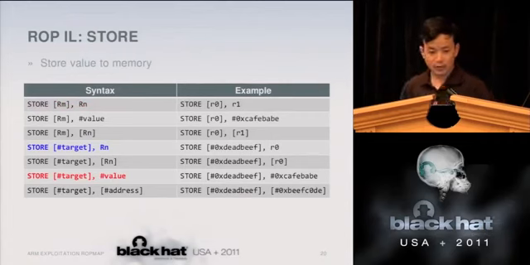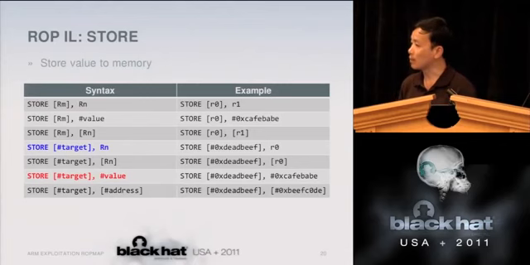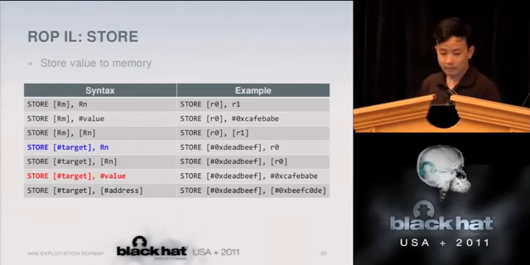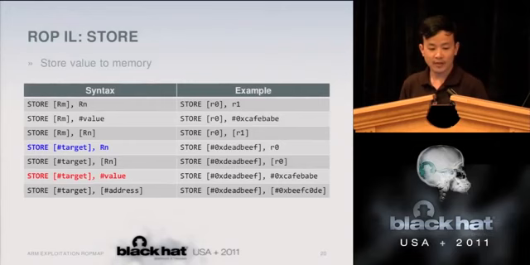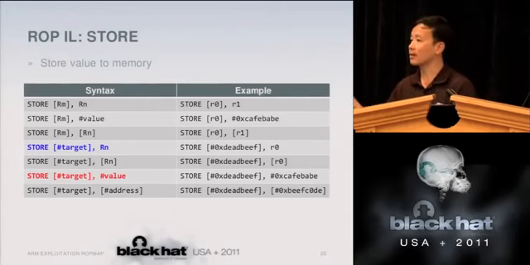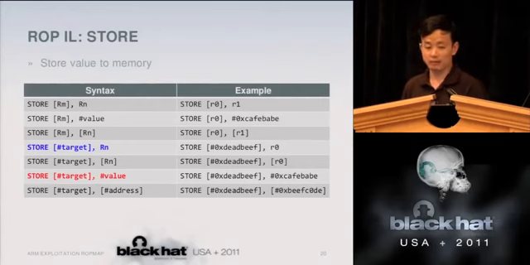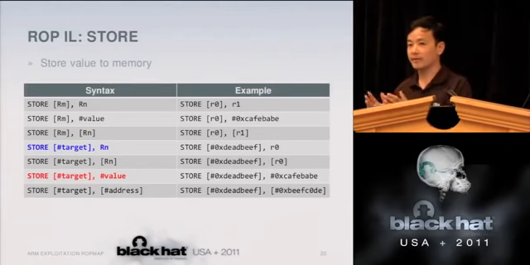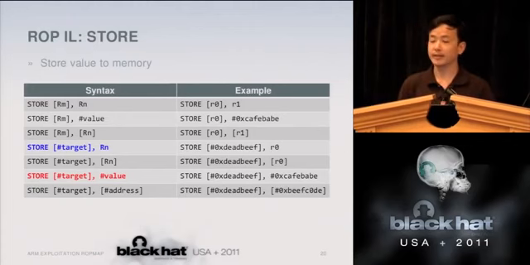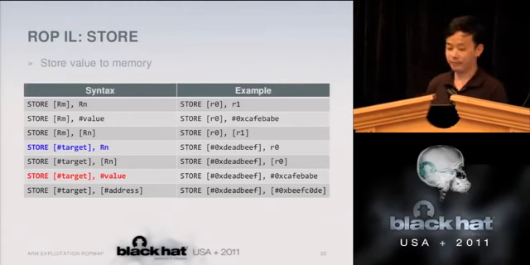The second instruction is store, to store a value to memory. For the left-hand side, it must be a memory reference by register or by an address. So we can store a register to memory, store a value to memory, and store a value from a memory reference to memory, something like that.